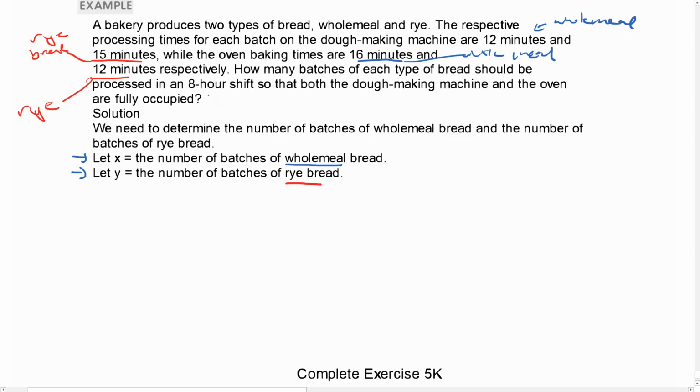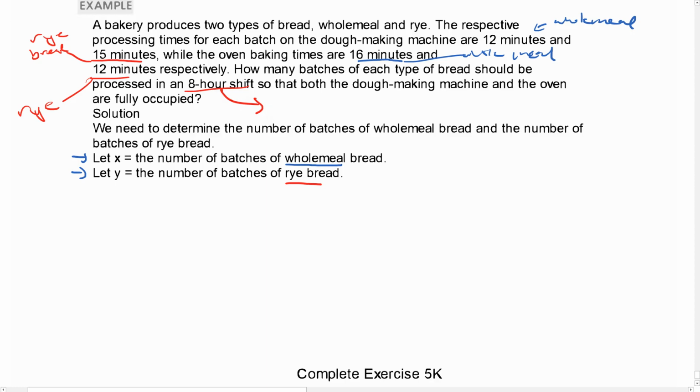Now, the interesting thing with that is because this is in hours and these are in minutes, we need to convert 8 hours into minutes before we start working. Now, this is probably one of the harder questions that you'll come across because there's a few processes involved, but hopefully you guys will be okay.